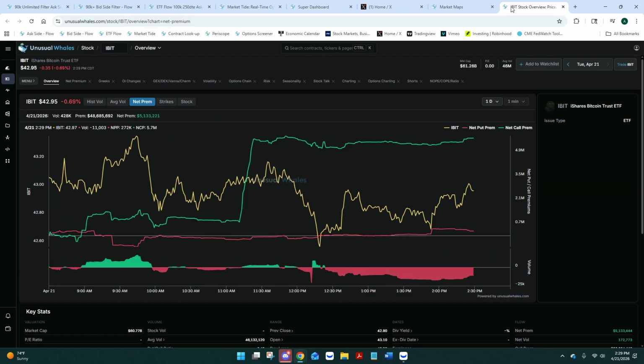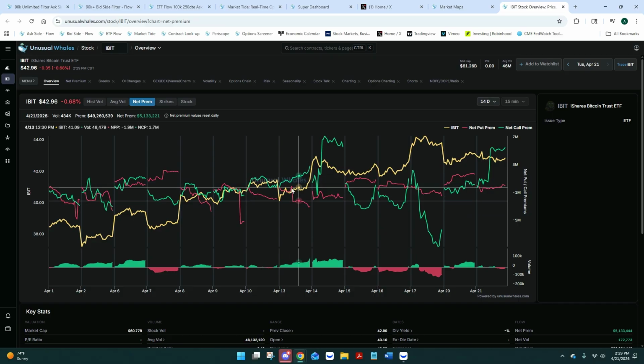And then IBIT. Let's take a peek at this one. So, again, good example here, just to see how that price reacted. Back here on April 14th, you see that massive spike in that call premium. Now, again, it doesn't necessarily mean buy 0 DTEs or 2-day out contracts.